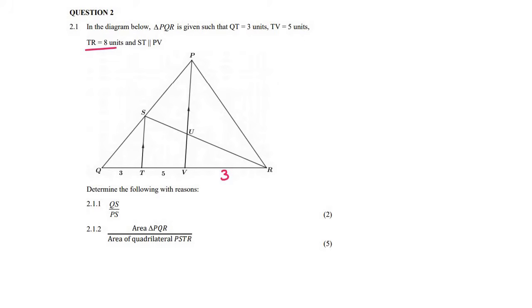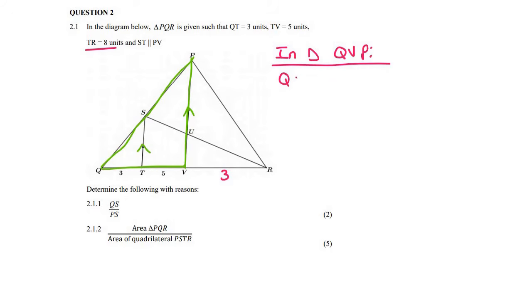It looks a bit weird, but these diagrams sometimes aren't drawn according to scale. So we need to work out QS over PS. Now, that's quite an easy one using the proportionality theorem, because if you look in this triangle here, we've got these parallel lines over here. So in triangle QVP, let's start with what we want.